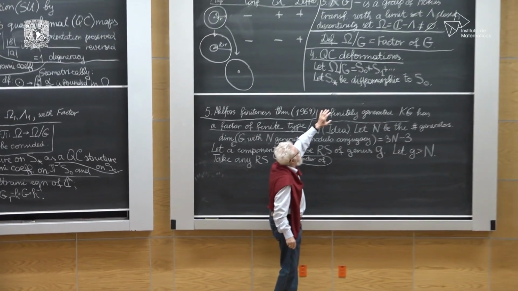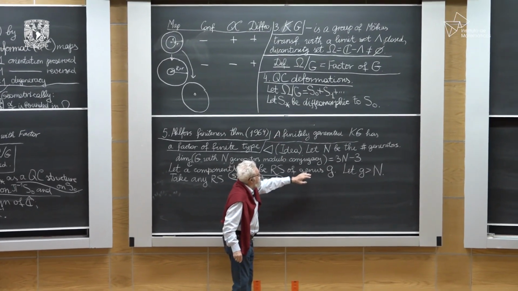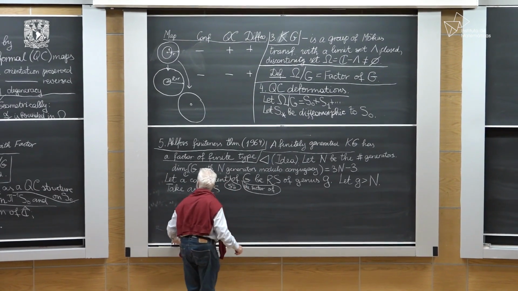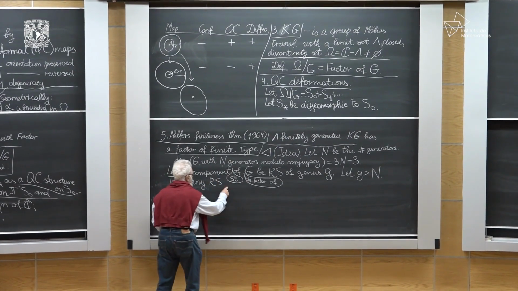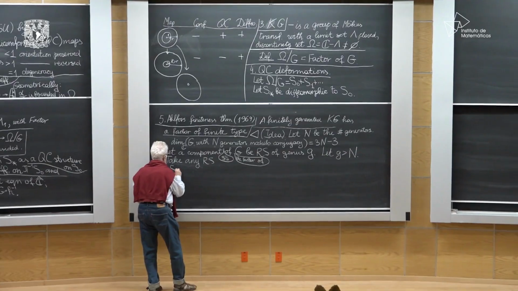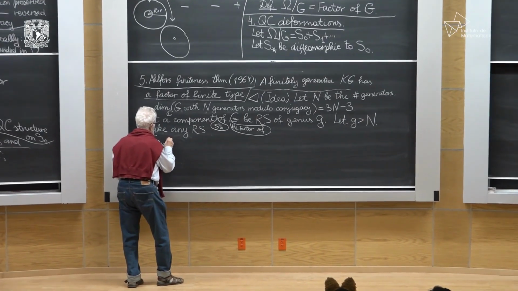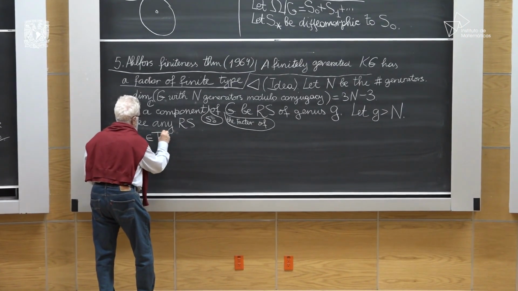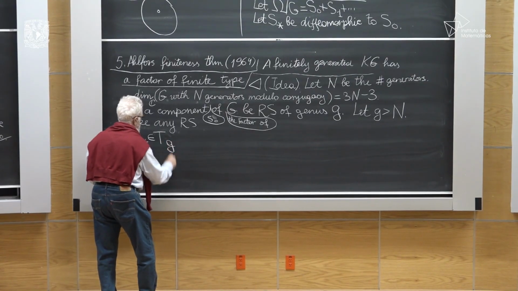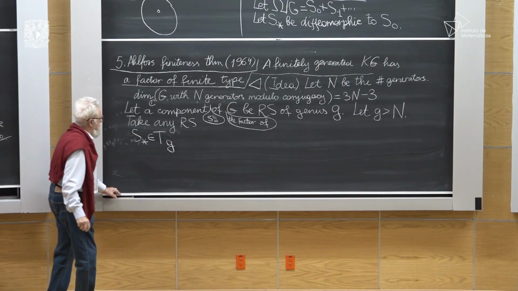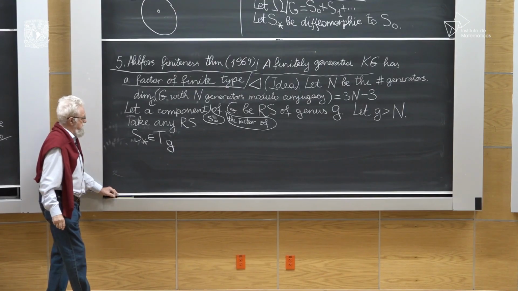And the genus of S0 is g. Take any Riemann surface S star, which is diffeomorphic to S0, a Riemann surface of genus g.